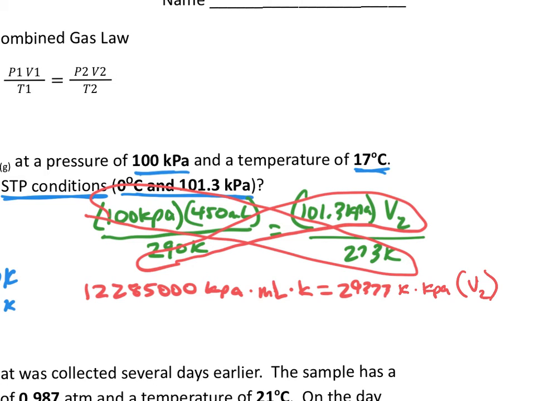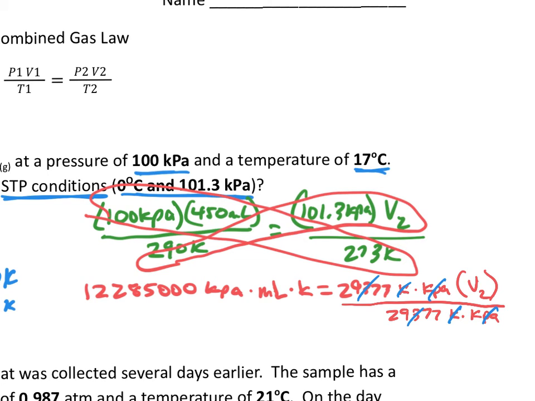So I like to put the variable in there because then if we're not sure what we need to divide by, we can see that we've got to divide by this 29,377. Remember, our whole goal here is to get things to cancel out, right? We want that 29,377 to go away.